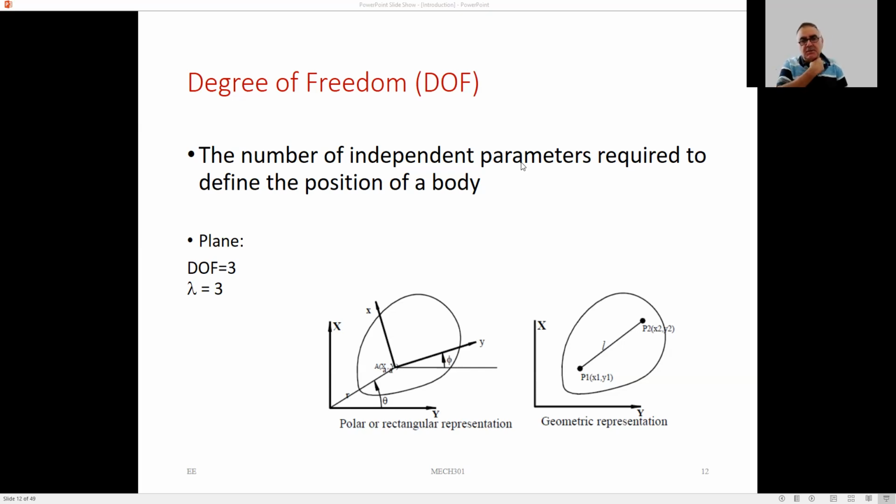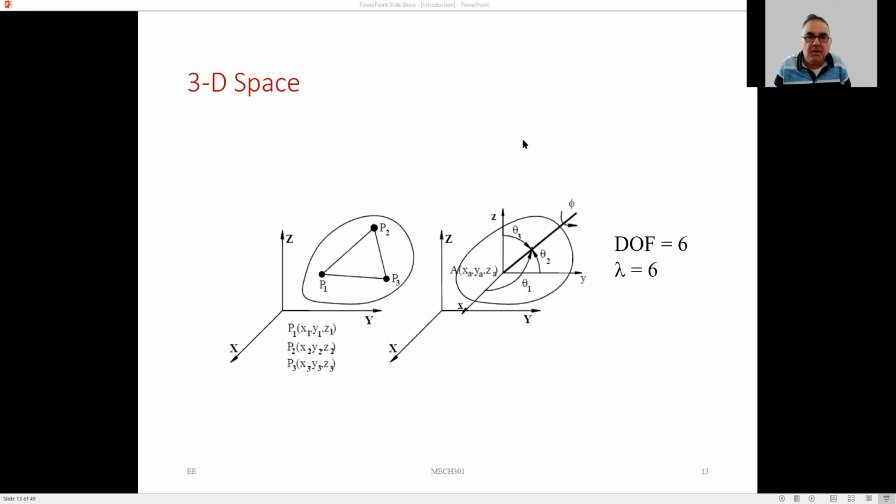So the degree of freedom of a plane is 3. There are 3 possible motions in the plane of a rigid body. How about 3-dimensional space? In 3D space, it's more difficult.